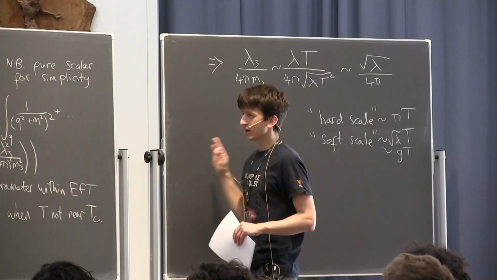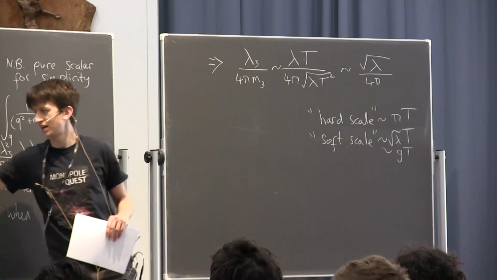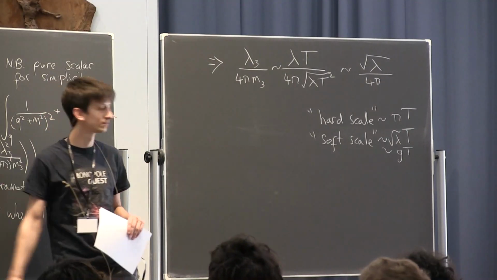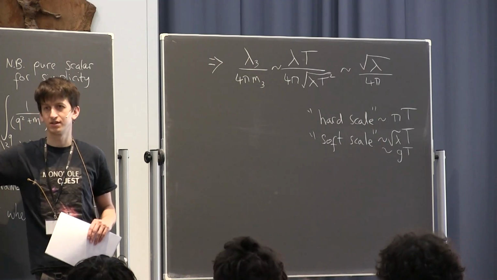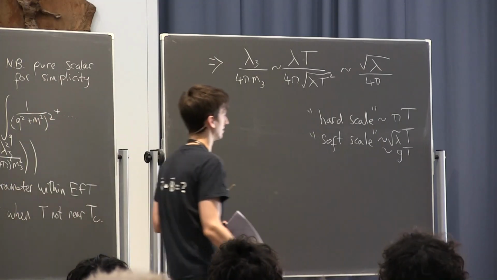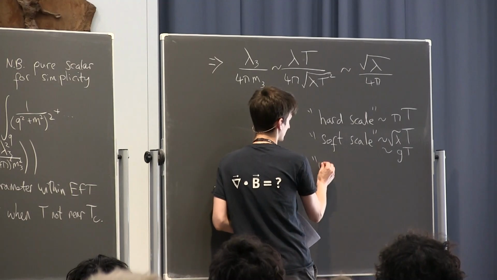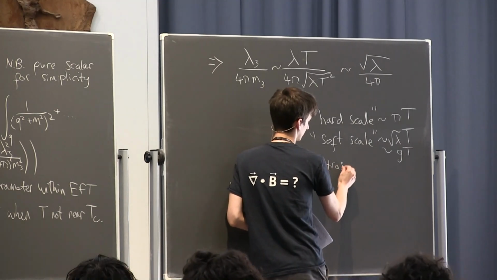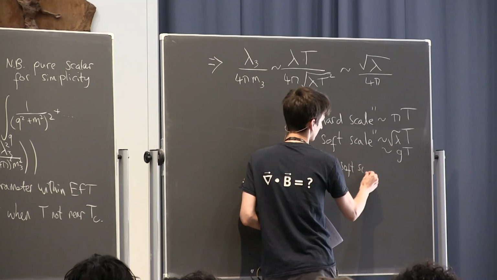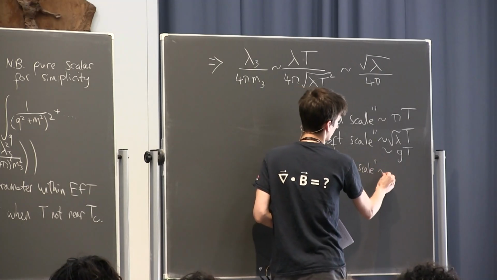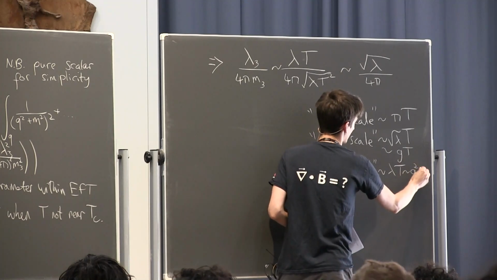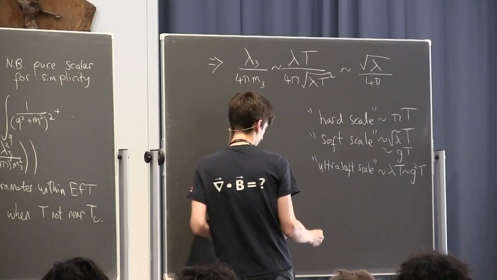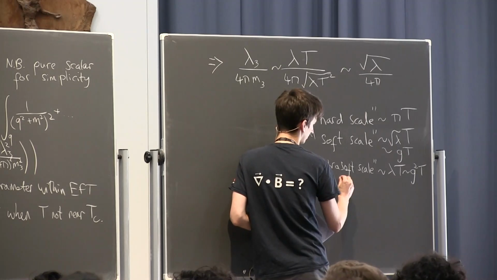And then imagine I were to go all the way down to the scale where this expansion parameter is order 1. At that point, the mass goes like lambda times T. So then there's some ultra soft scale which is lambda times T, or g squared times T in the gauge case, and this one is non-perturbative.